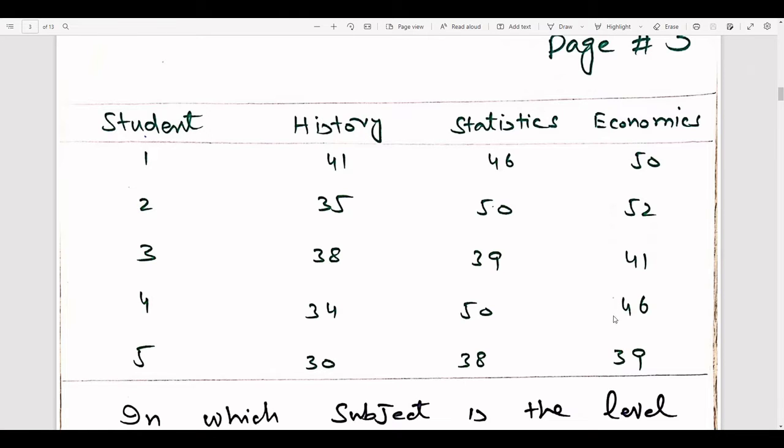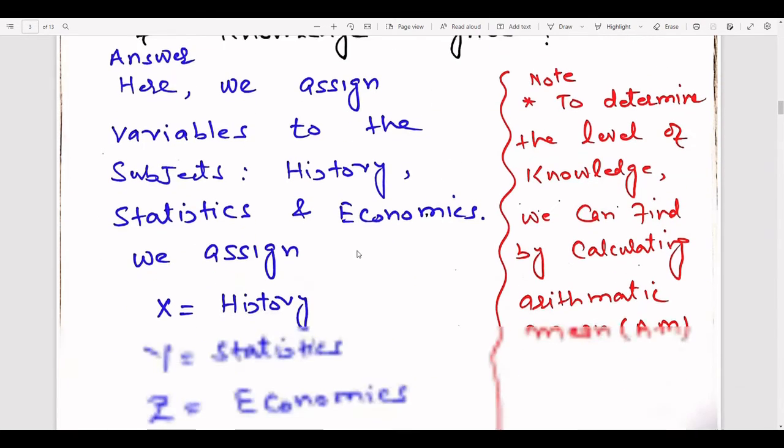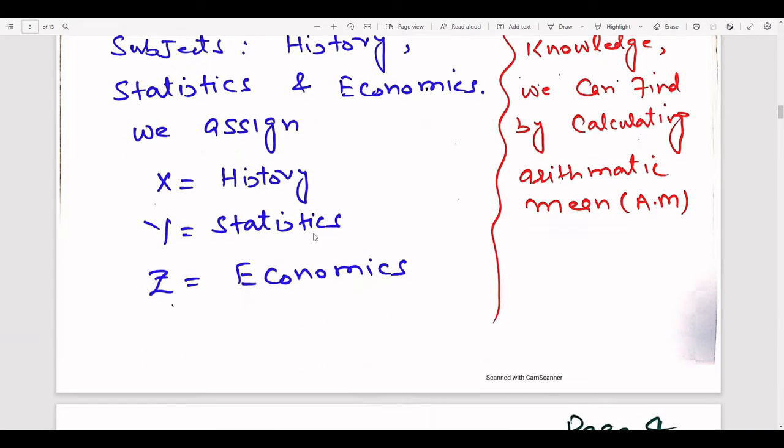The greater mean represents that this group of students performs better in this subject. So here we assign variables: x assigned to history, y statistics, and z is equal to economics.